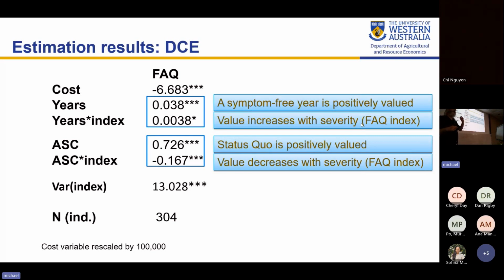In order to get them out of their current condition and agree to sign up, I'm going to have to give them a lot of years of freedom from the condition before they're actually willing to make the change. So it's a bit like a stasis effect. It's like an inertia that in some sense they'd rather stay with their condition until you can give them a big bump in terms of years of freedom from the condition.